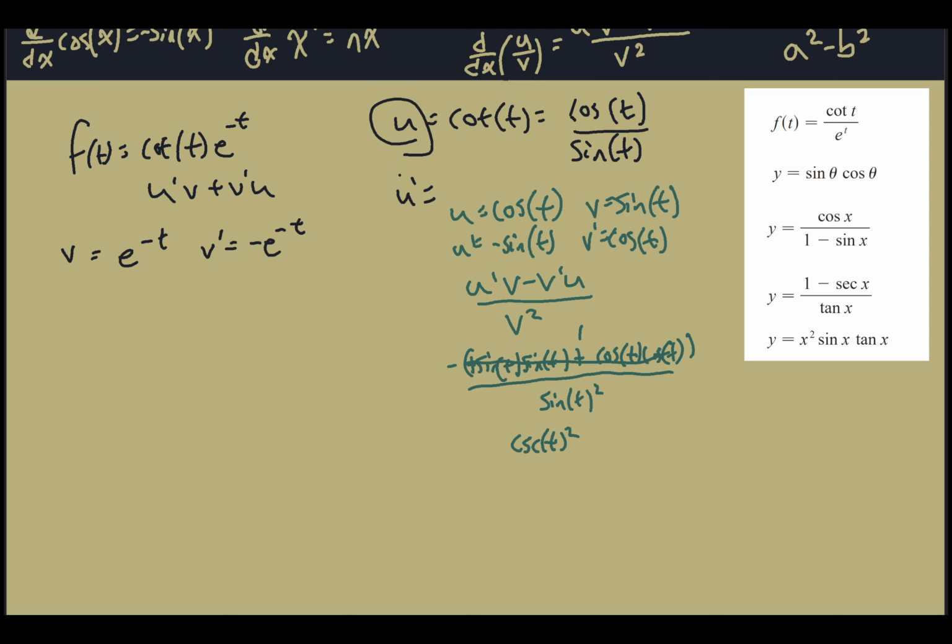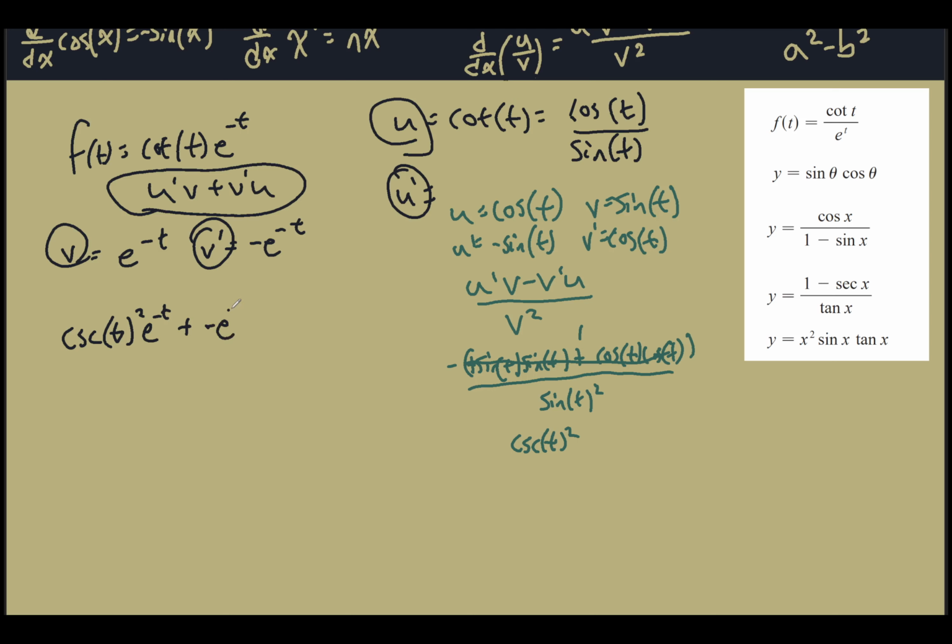Now we have all the u's and v's we need to do the actual product rule here. Okay, so our u prime is the hard one, which is cosecant of t squared, times v, which is e to the negative t, plus v prime, which is negative e to the negative t times u, which is cotangent of t.